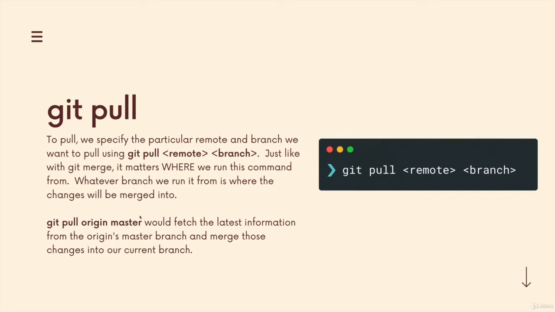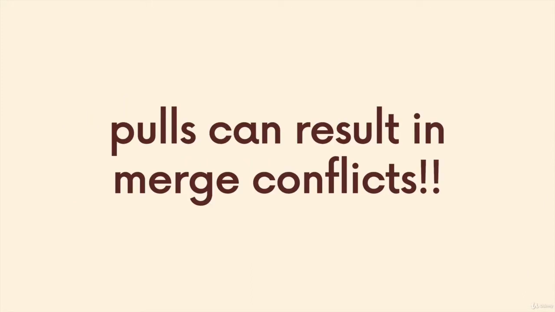So for example, if I am on the master branch and I run git pull origin master, it's going to fetch the changes from origin master and then merge them into my current branch, which if I'm on master, then it's master. So it fetches and then merges, and just like any other merge, that can sometimes result in merge conflicts. So we need to resolve those just like a normal merge.